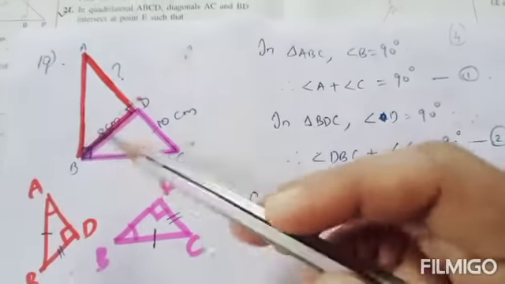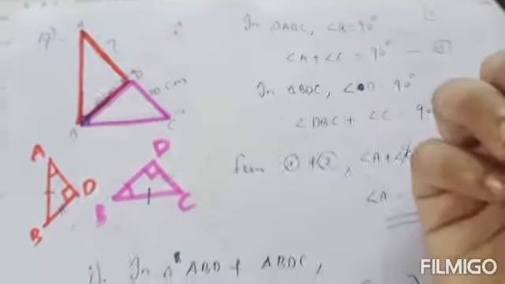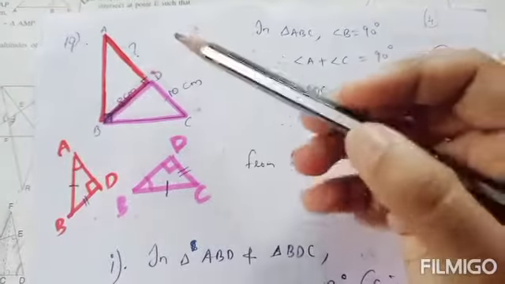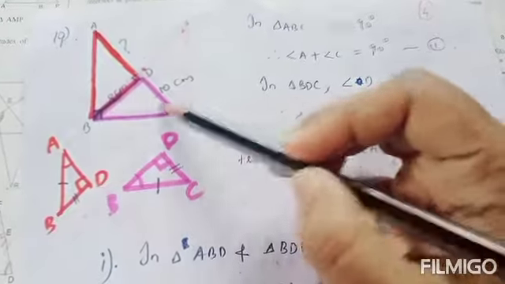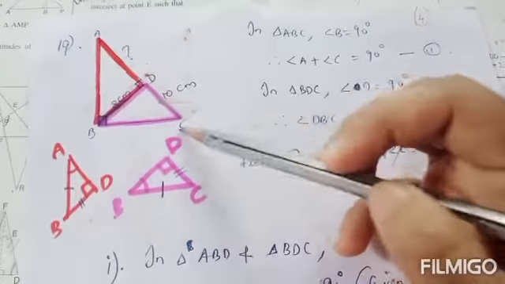So which two triangles you select? Triangle ADB and a triangle BDC. These two triangles you should select to get these three sides.